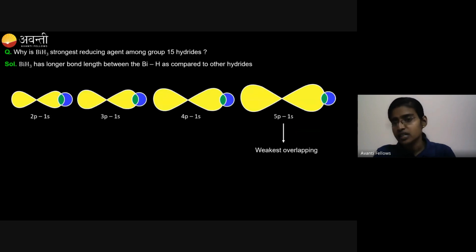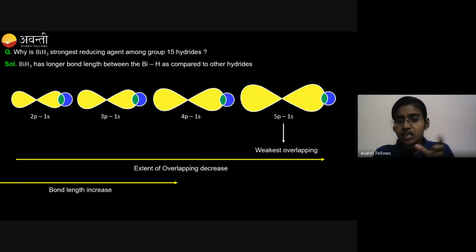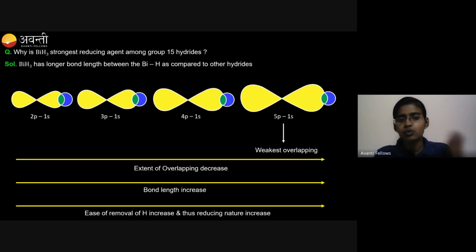Longer bond length, so the overlapping is very weak. The extent of overlapping decreases and bond length increases. Because the bond length is increasing, the ease of removal of hydrogen, ease meaning ability, increases on moving down the group. So that's why the reducing nature increases.